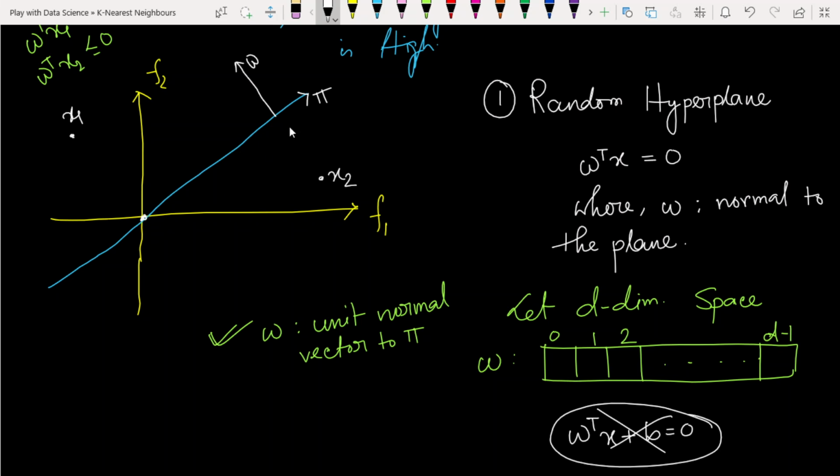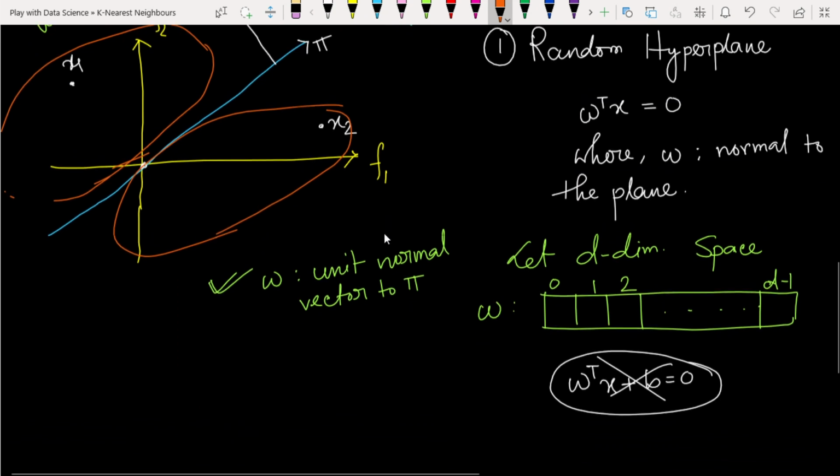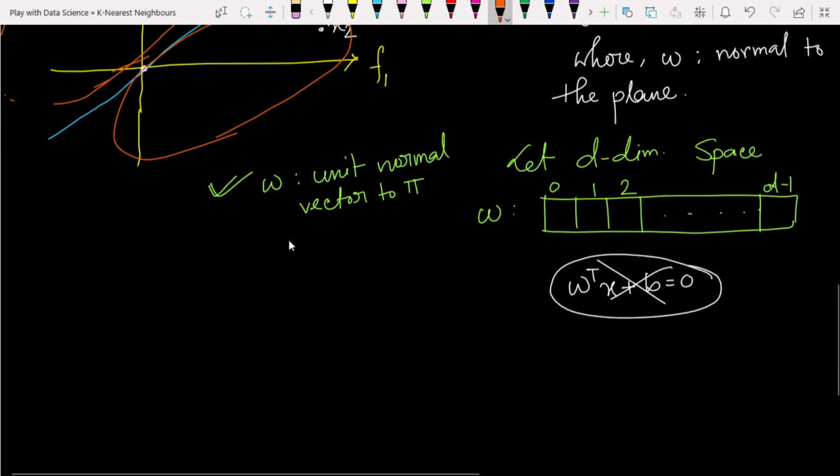So in such cases, the plane will divide our space into two sides. This is one side, and this side is another side. For one hyperplane, we divide our space into two sides.